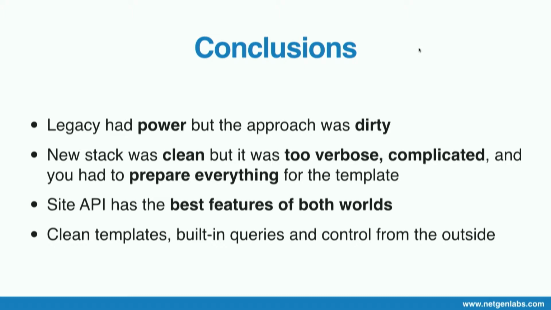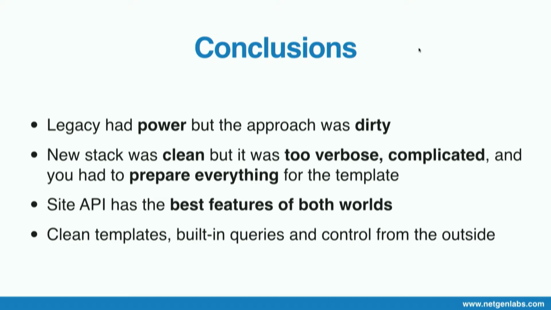Some conclusions about this. You saw the legacy way, you saw the by-the-book new stack way, and you also saw the Site API way. In legacy, you had power, but the approach was dirty. Your logic was inside templates. I said it made sense for simple content traversal, but not for everything, obviously.